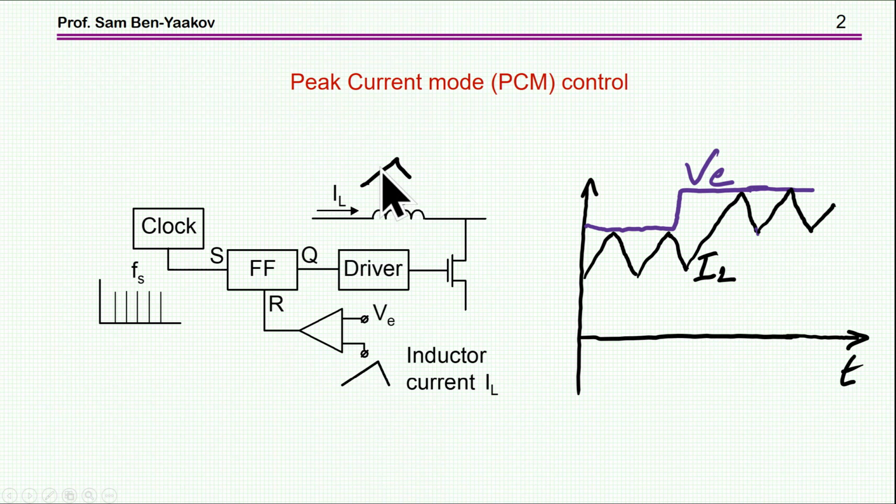When this current hits this reference level, the flip-flop is reset and the voltage of the gate is off. So the peak value of the current is following the reference level, so that if this reference level is, say, increasing, then the peak will follow it. Okay, so this is the peak current mode.